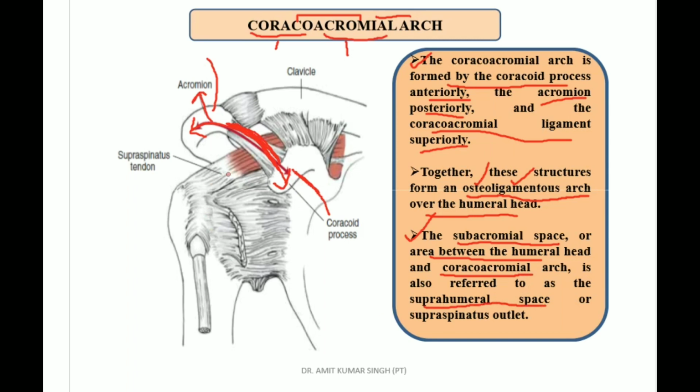Supra means above; this space is present above the humerus. It is also called the supraspinatus outlet, because the muscle passing through this tunnel is the supraspinatus. So how many names did we get here? First, coracoacromial arch. Second, osteoligamentous arch. Third, subacromial space. And fourth, suprahumeral space or supraspinatus outlet.